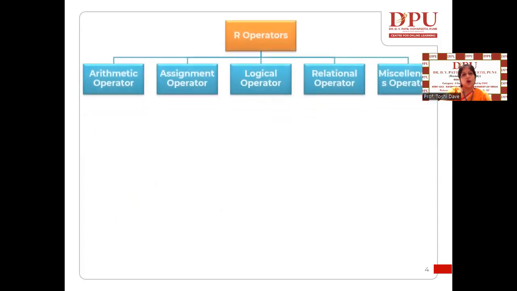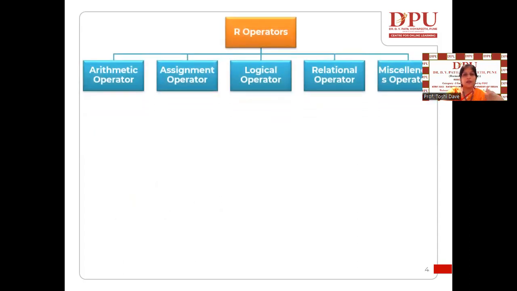So, taking you to the operators available in R. The very first is the arithmetic operator, comprising addition, subtraction, multiplication, division, and modulus. A plus B, A minus B, A multiply by B, A divide by B, and A modulus B. Clear? So these are the available arithmetic operators.